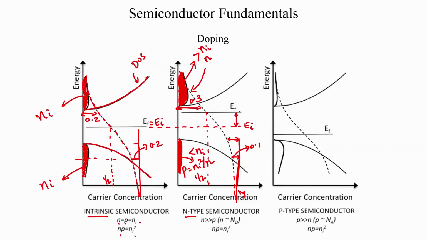In the p type semiconductor, the opposite happens. If you have doped the semiconductor p type, we have moved the Fermi level down. So this is my intrinsic Fermi level position, that is EI. We have now moved the Fermi level below EI, and f of E has to shift downward in order to take a value of half.